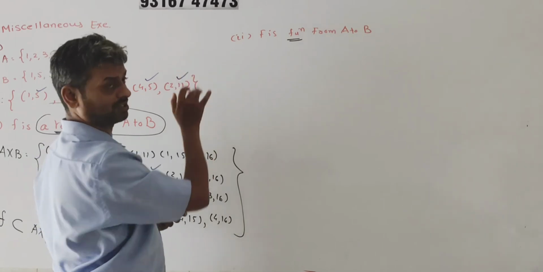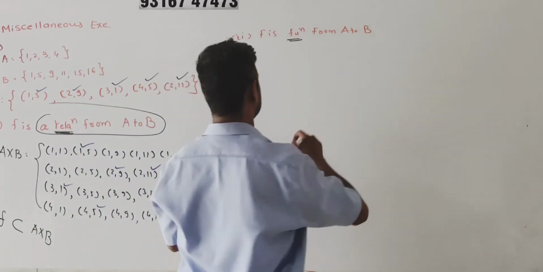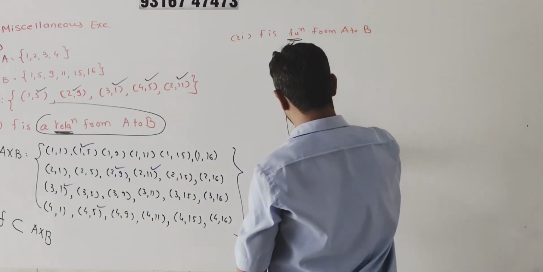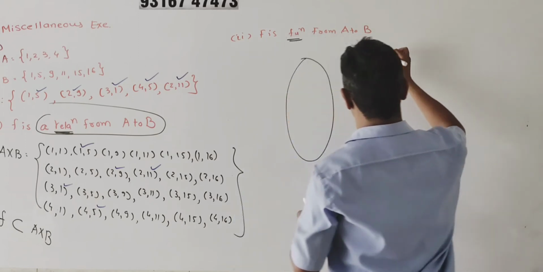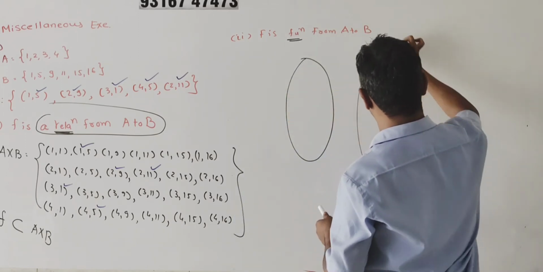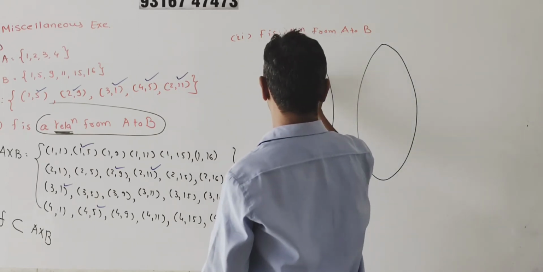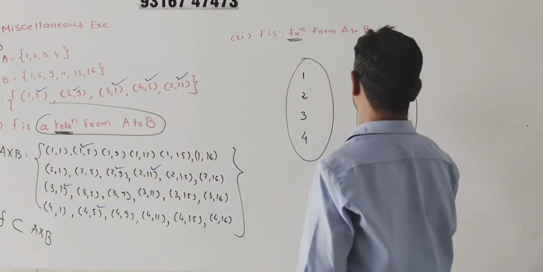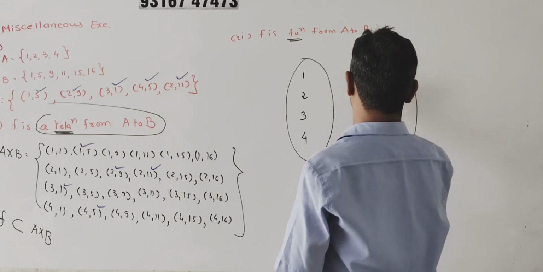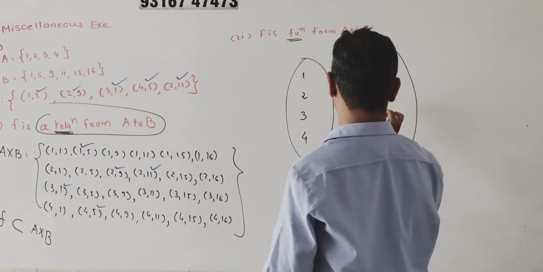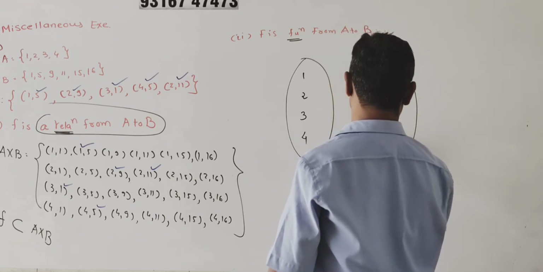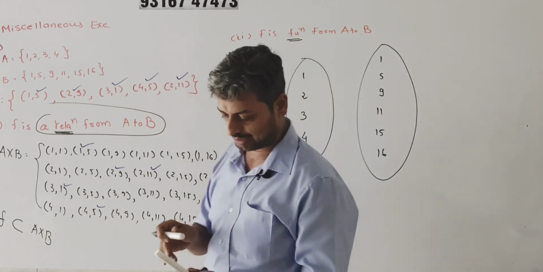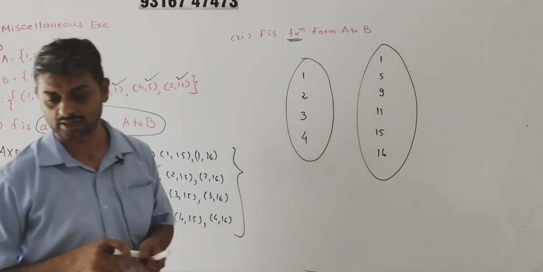But for function, what we have to check here, we are going to do it like this. So that is 1, 2, 3, 4. Second is 1, 5, 9, 11, 15 and 16. These are given.